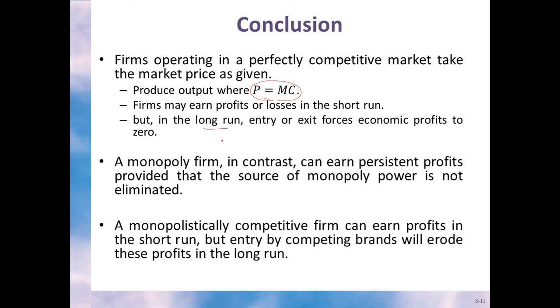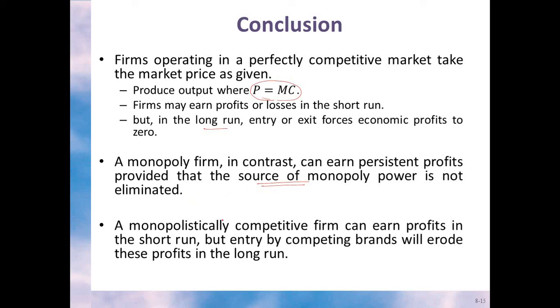For monopoly, they can earn profits and enjoy that monopoly power as long as they still hold it, as long as the source is not eliminated, for example the patent is still there, the regulations are still there.